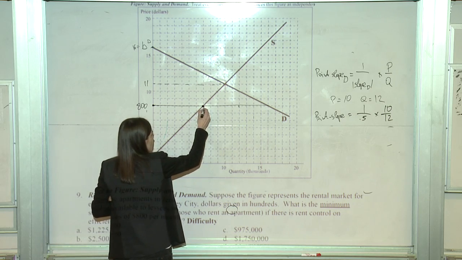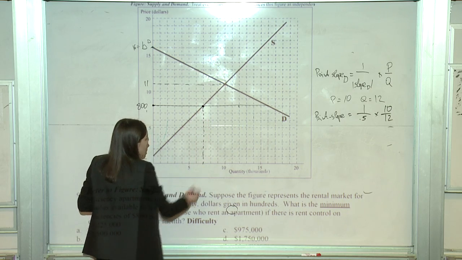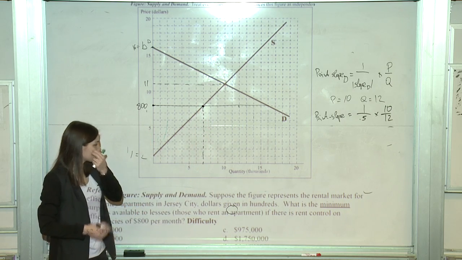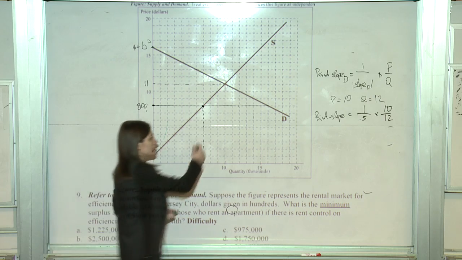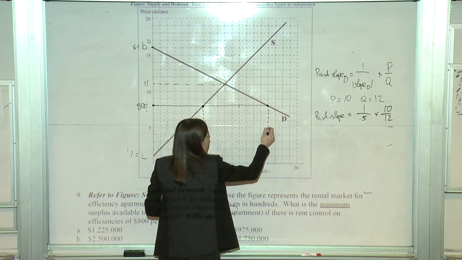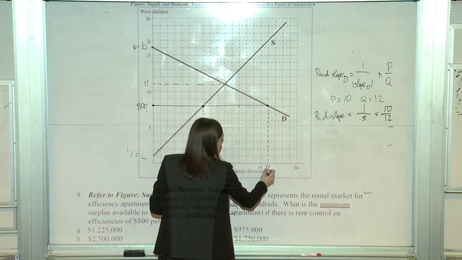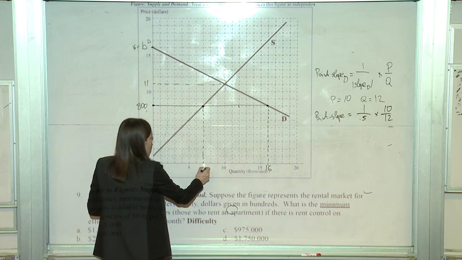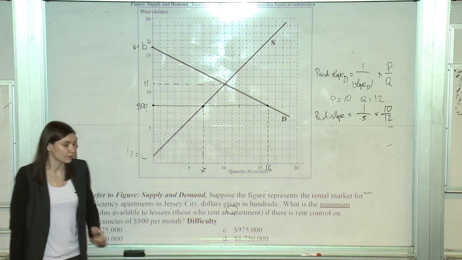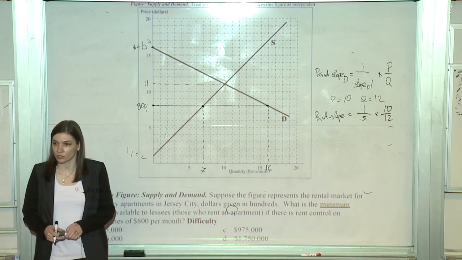This is the number of apartments that sellers are willing to lease, and this is the amount that buyers demand. So we're at 16 here, and they only want to rent 7. So 7,000 and 16,000 actually.